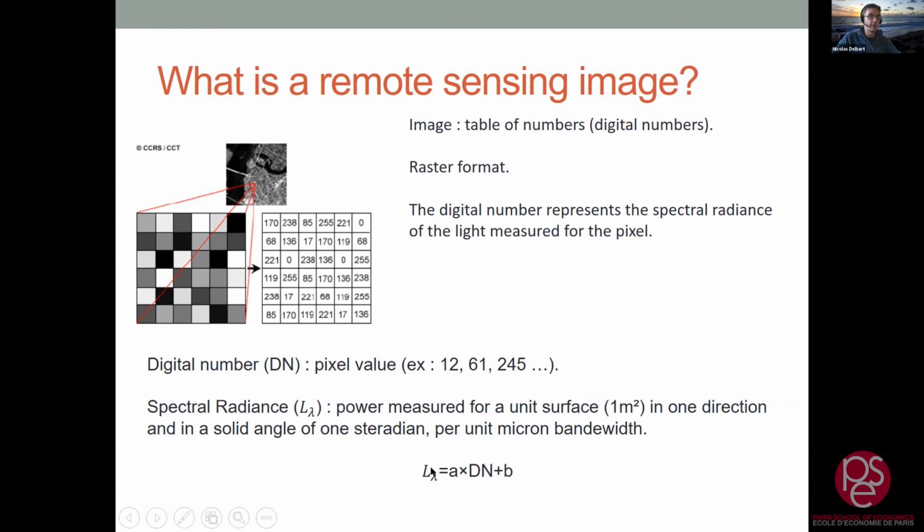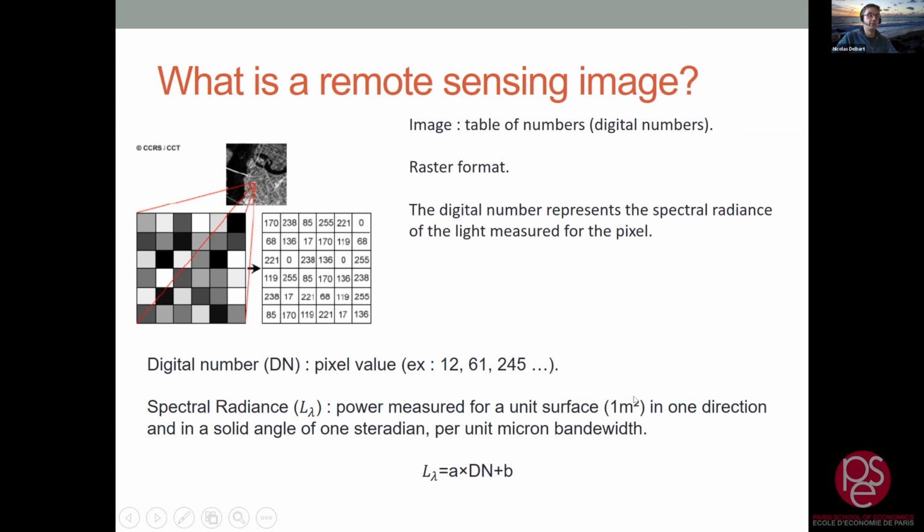So the spectral radiance is the power that is measured for a unit surface of a territory on Earth in one direction, and in what is called a solid angle of one steradian, for each unit micron bandwidth. So I will develop this description now.